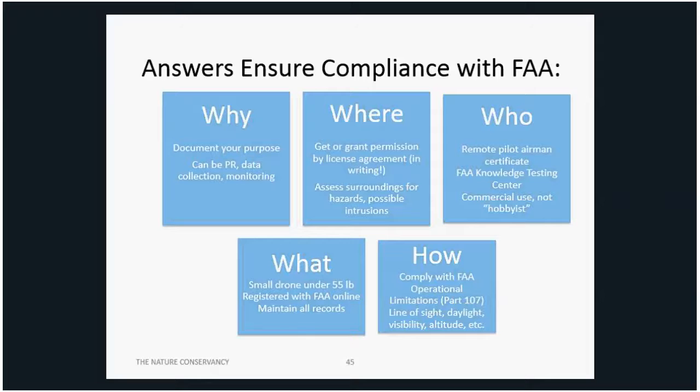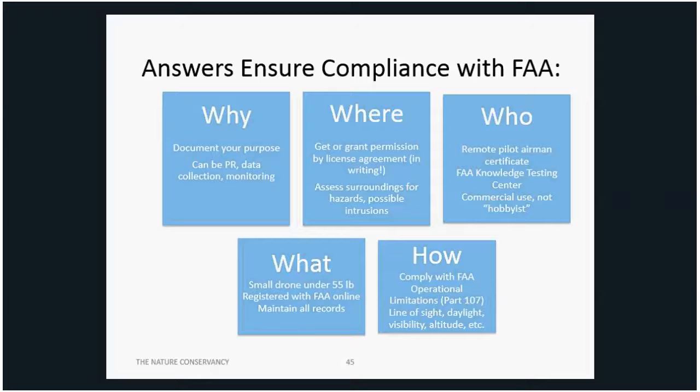You also need to decide who is going to be operating the drone, and this is something that is new with the FAA guidelines as of this August. You need to obtain a remote pilot airman certificate, and that will require that you register for a class and take a test at an FAA knowledge testing center near you.